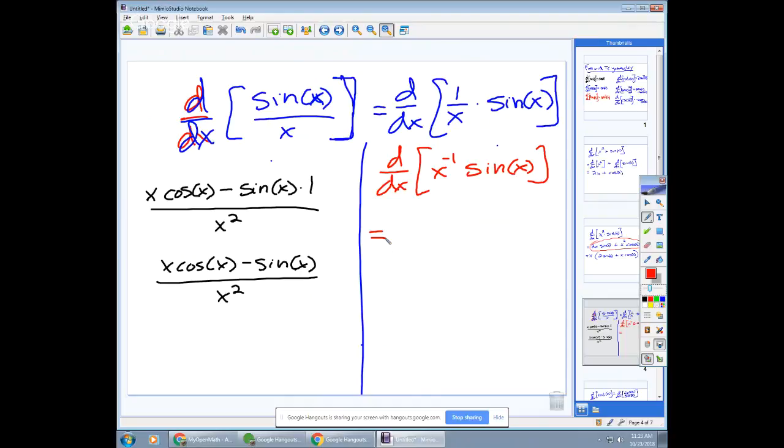Yeah, so you could view this as the whole difference being divided by x squared. So you could view it as x cosine of x over x squared minus sine of x over x squared. And then at least you get to cancel a little bit in the first part. So that would give you cosine of x over x.